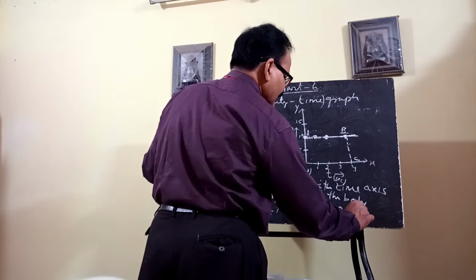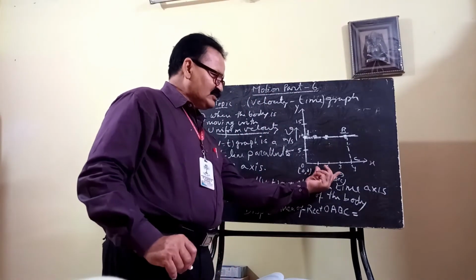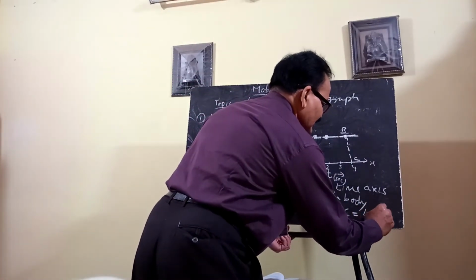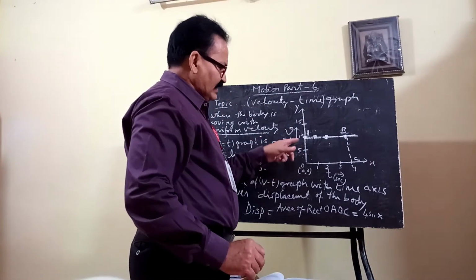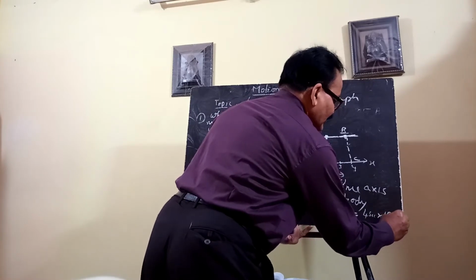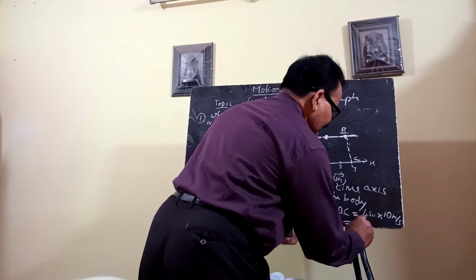For finding the area, the length is 4 seconds, and along the y-axis the breadth is 10 meter per second. So here the displacement equals 40 meter.